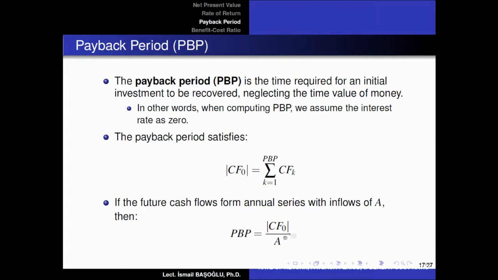But if the initial investment is not divisible by the annual payment, for example, instead of $20,000, let's say $30,000, when you divide $100,000 by $30,000, you are going to get 3.33. That is going to be your payback period anyway. So the payback period is not necessarily an integer value. It can be any ratio as well.